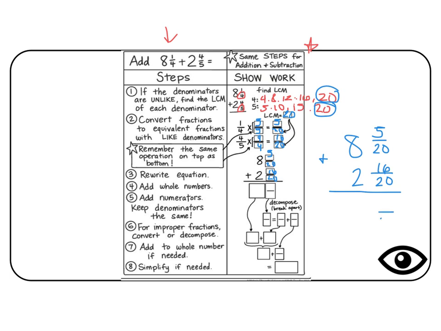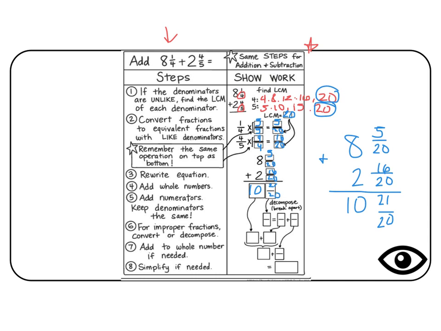So we're going to leave our twentieths, but we need to add 16 plus 5. If it were 15 plus 5, it would be 20. But we have one more, so it's going to be 21 twentieths. And 8 plus 2 is 10. So this would give us 10 and 21 twentieths.